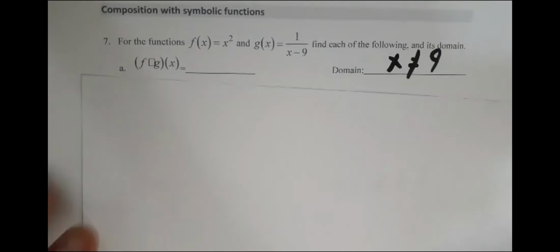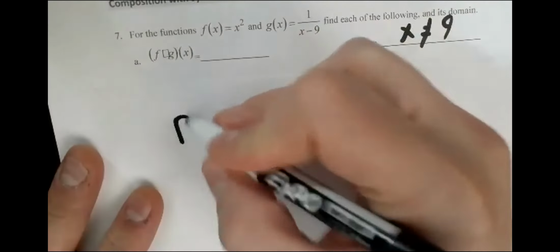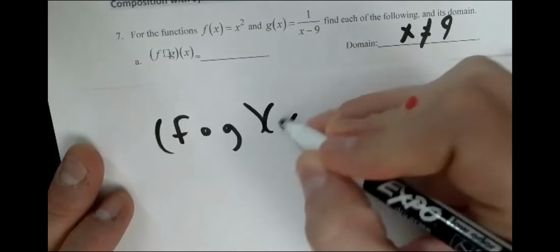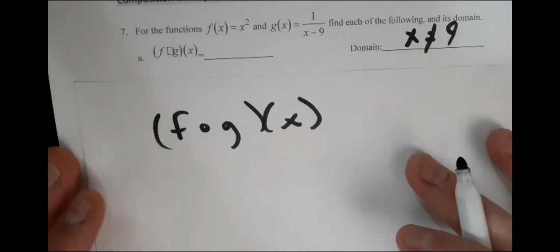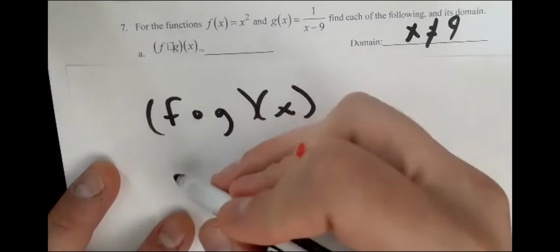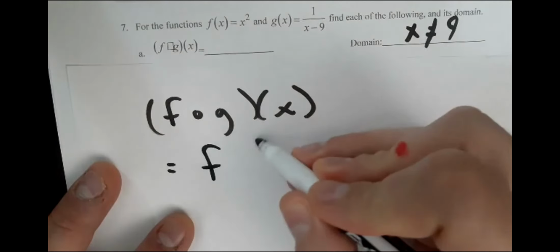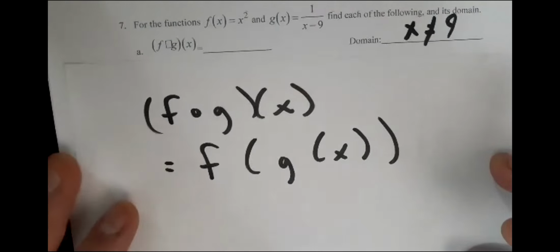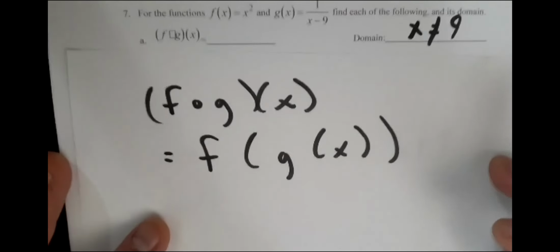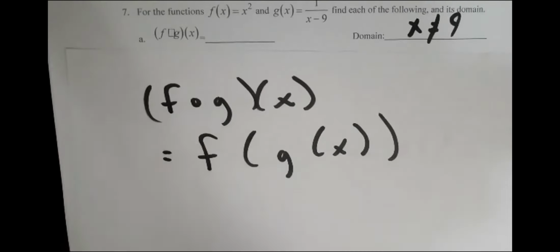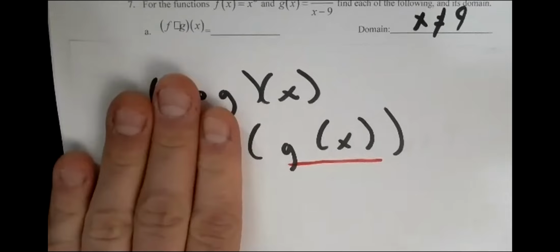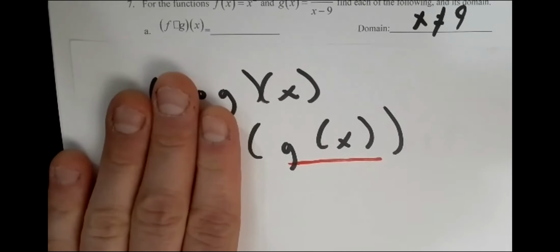It's got at least that much for its restrictions. There might be more. If I want to do f of g of x, let me write the right symbol just so we can see it. I want to write out my definition. Now I start from the inside out. I look at g of x.